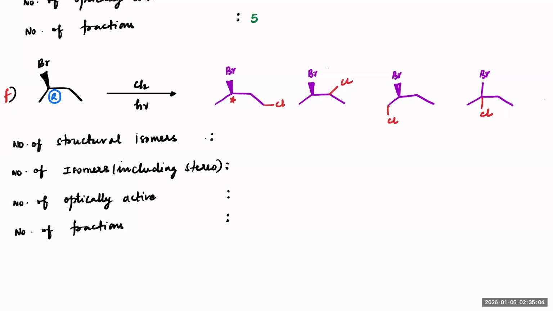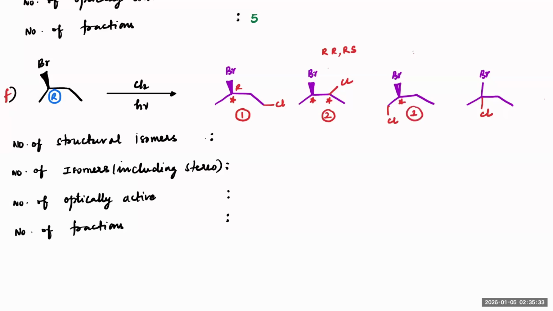Now, since it's a fixed configuration, it is a chiral center, but the configuration is fixed. Hence, you will read it as only one isomer. You do not read it as two isomers. Now, we got a new chiral center, but the other chiral center is present, but that configuration is fixed. So, therefore, you will count it as only two isomers. Okay. Imagine this is R, here we will have one R and R, the other will be R and S. Now, here it is a fixed configuration, although it is a chiral center, I'll count it as 1.